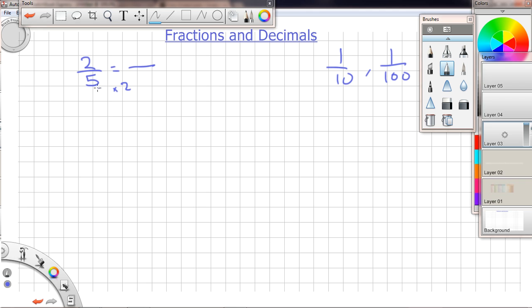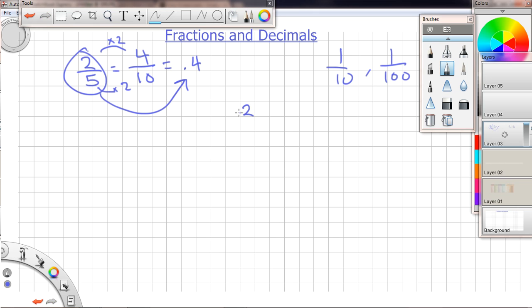I can multiply the bottom times 2 to get 10, and if I multiply the top times 2, I'll get 4 tenths. So I multiplied by 2 on the top and the bottom, and these fractions are equal. So 4 tenths, I can write that by putting a 4 in the tenths place. So 2/5 and 0.4 are the same thing.